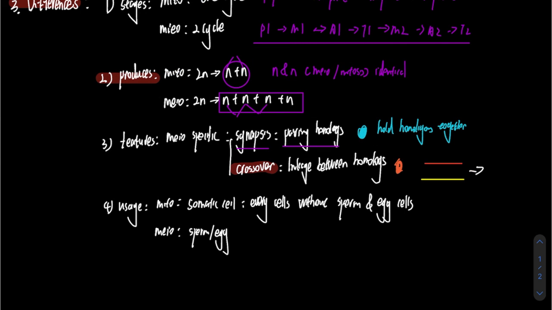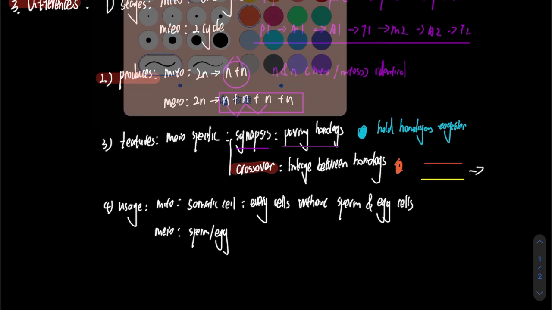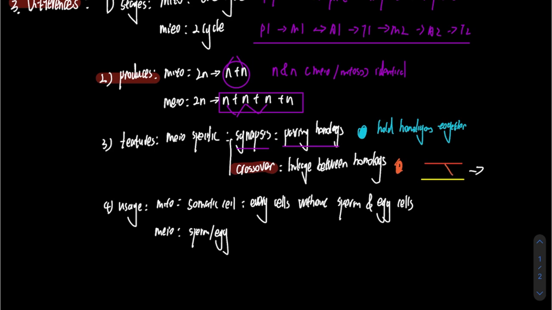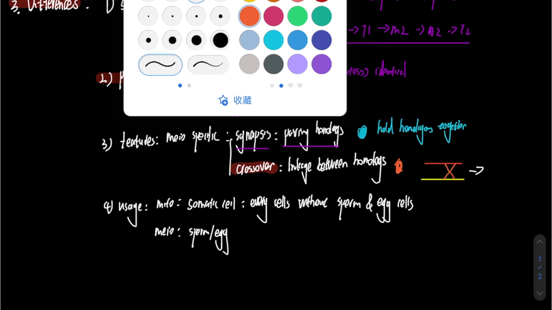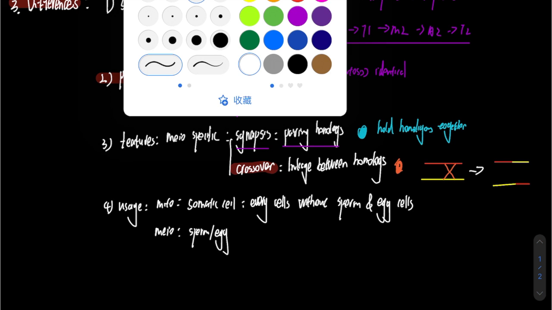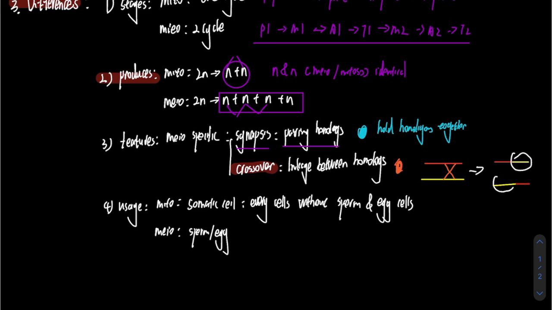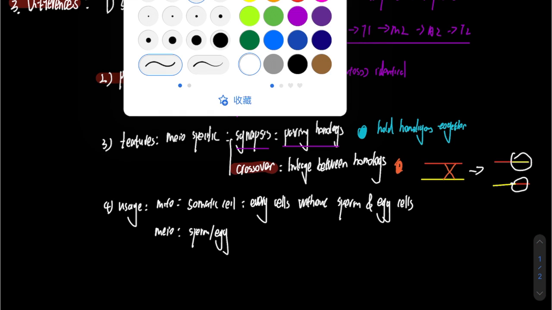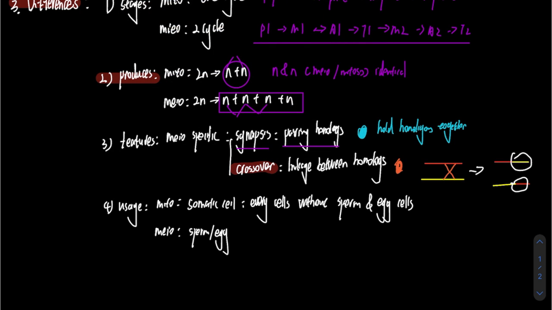In meiosis one, they will exchange little pieces of them, going to here and going to here, and the line will become this long, this long. It will be like this. Each chromosome will contain a part of the other's information, right? So this is crossover, basically exchanging genetic information.